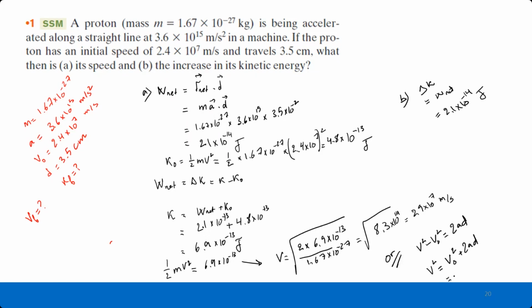And we have v0, 2.4 times 10 power 7, plus 2 times a, which is also given, 3.6 times 10 power 15, times d, which is 3.5 centimeters, and you will get the same answer.